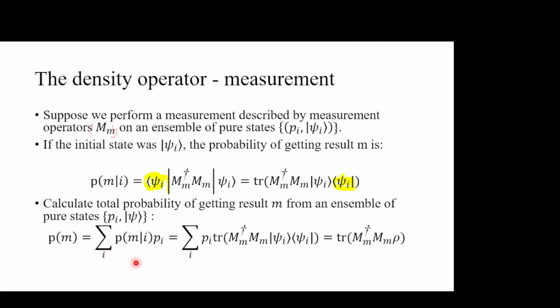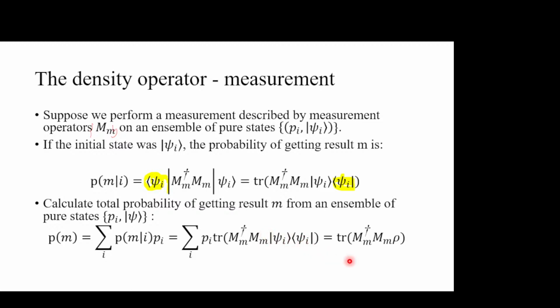So it's the summation over i of p_i, the probability you start with state psi_i, times the probability you get outcome m given state psi_i. This is the total probability of getting outcome m. Then we plug in the formula: it is the summation of p_i times the trace of M_m dagger M_m |psi_i><psi_i|.